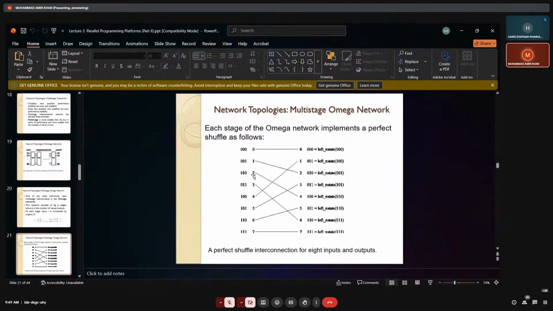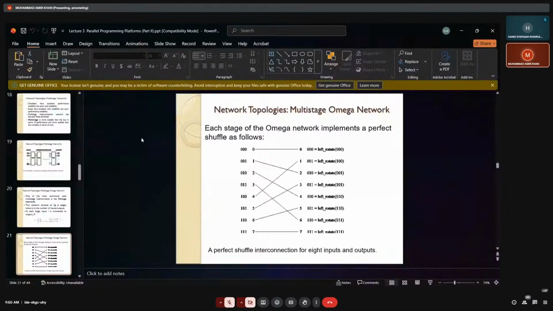For 2, 010, left rotate will be 100. For 3, 011, the left rotate will be 110, with the bit moving to the other side. In such a way, we can do the left rotate. For example, number 5, 101, left rotate will be 011.